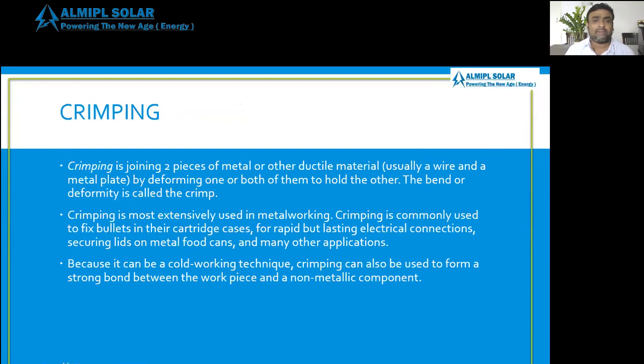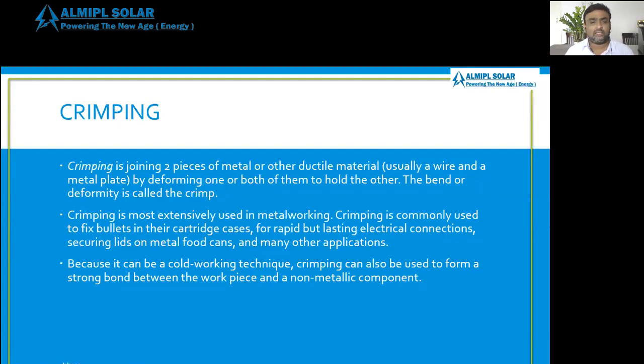So crimping. Crimping is joining 2 pieces of metal or other ductile material, usually a wire and a metal plate, by deforming one or both of them to hold the other. The bent or deformed area is called the crimp. Crimping is most extensively used in metalworking.